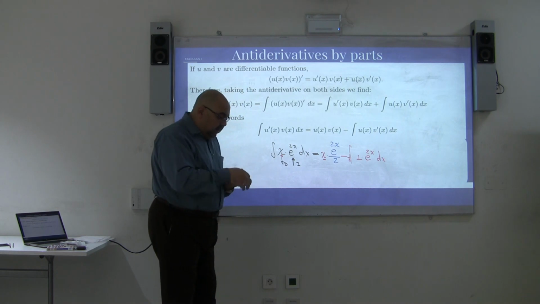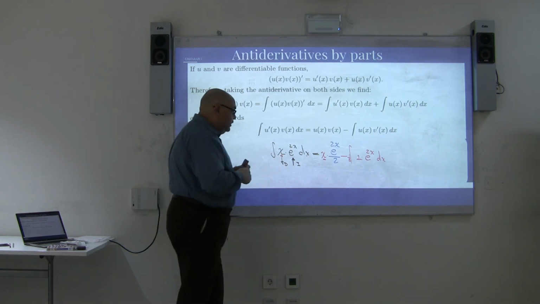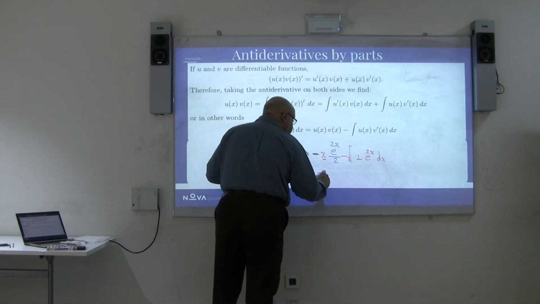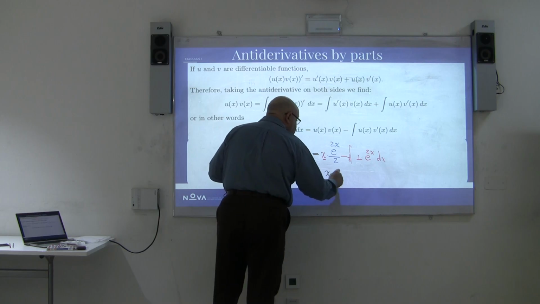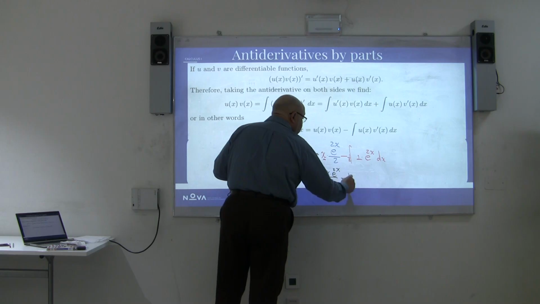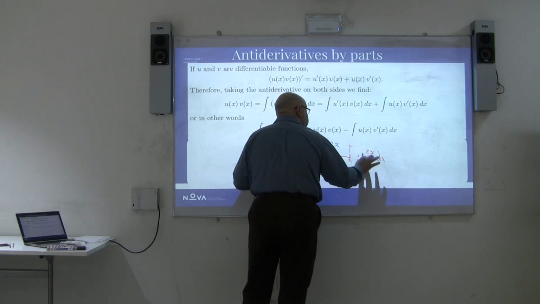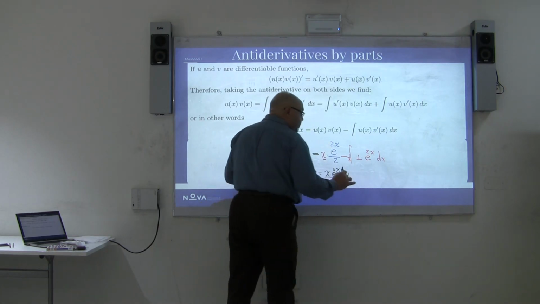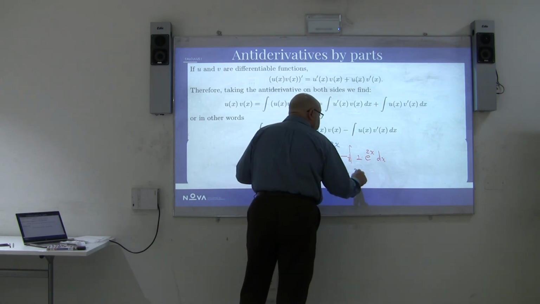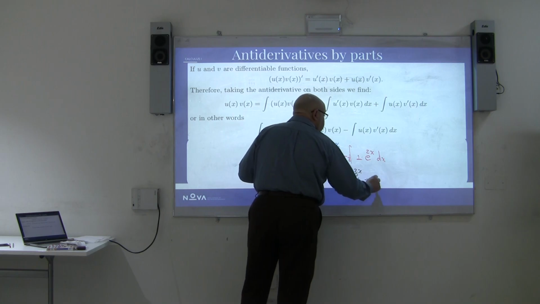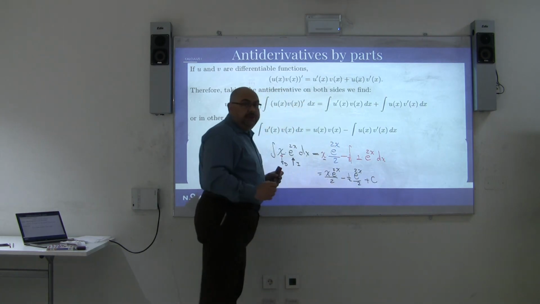Now I will finalize my answer. So it's going to come up to x times e to the power of 2x over 2 minus a half. Then I will have to integrate once more e to the power of 2x, which is simply going to be e to the power of 2x divided by 2, plus a constant of integration.